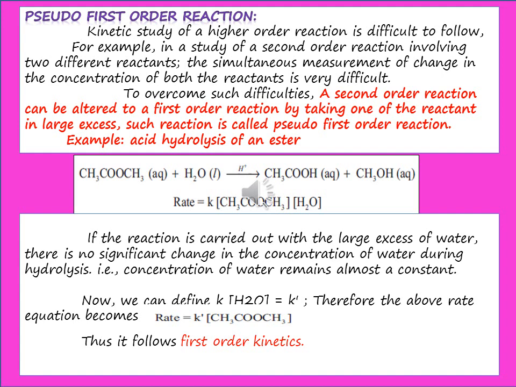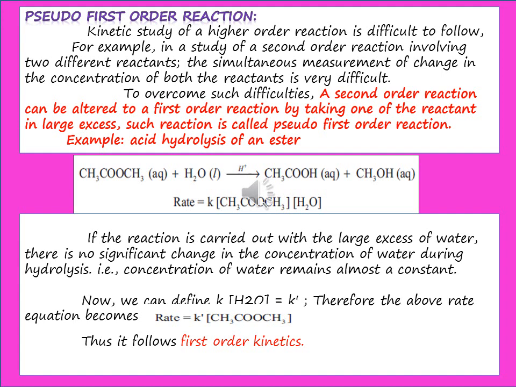Now the rate of the reaction depends on concentration of both ester as well as water. Now it follows second order. We know that water will be taken in large excess. So there will not be any significant change in the concentration of water during the hydrolysis process. So what can we say? Water remains unchanged, or the concentration of water is almost constant.